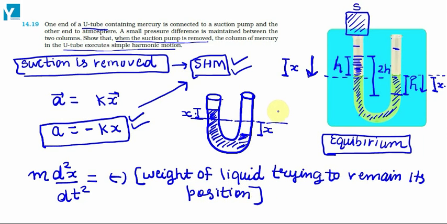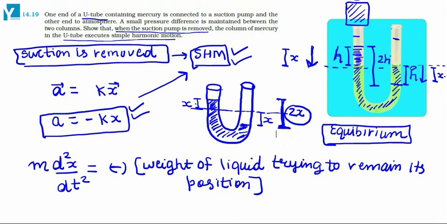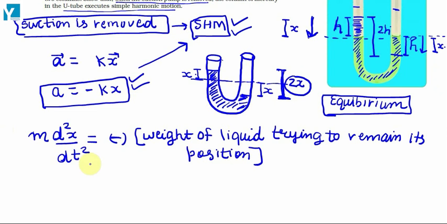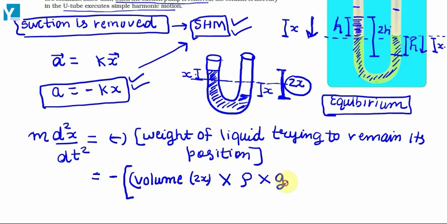We just need to consider this extra weight, the liquid filled inside this 2x length. This weight of the liquid will try to regain its original position, and further we can write it as minus volume of liquid in the 2x length into density of liquid into acceleration due to gravity.